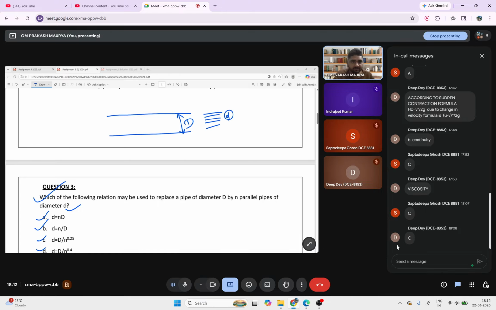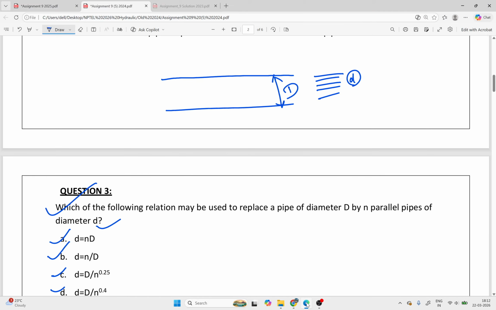Okay, so just let me show you. Here I have explained, you have one bigger pipe, and you need to convert this pipe into multiple pipes with smaller diameter.